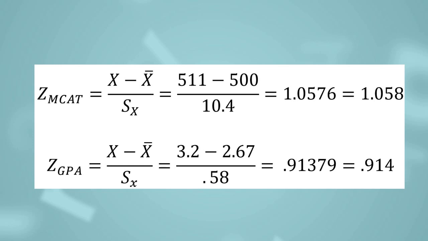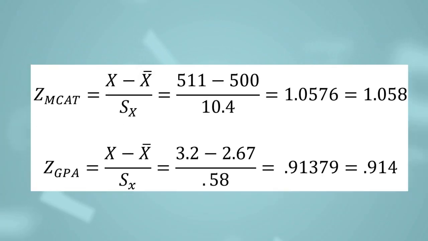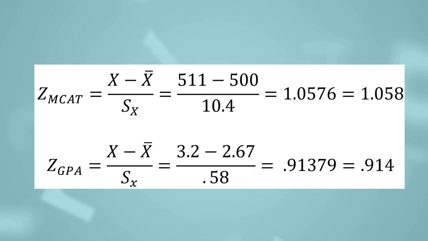Can we get your MCAT and GPA scores on the same scale? Yes, the z-scale. Thanks to good old Don Diego. It goes like this. Your MCAT z-score is equal to your MCAT score of 511 minus the mean of 500 divided by the standard deviation of 10.4, or a z-score of 1.0576, rounded to 1.058.